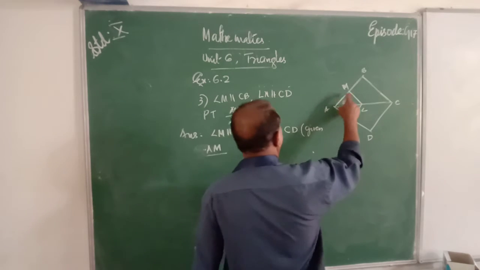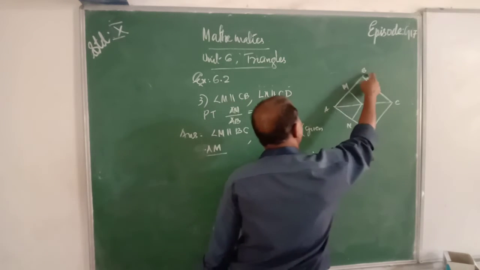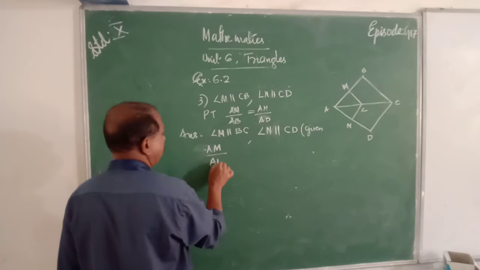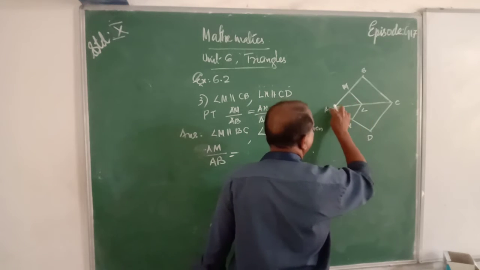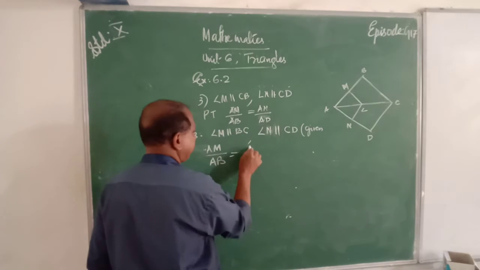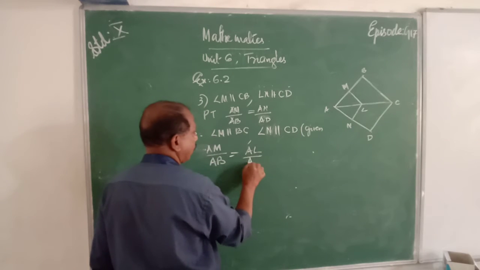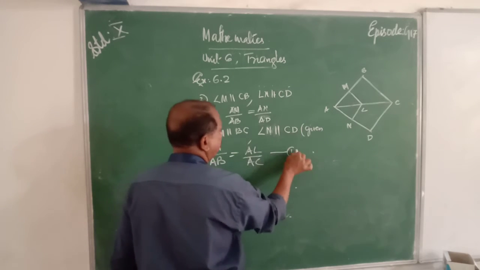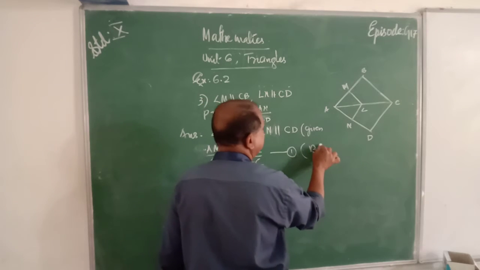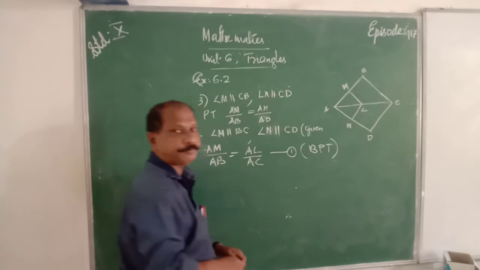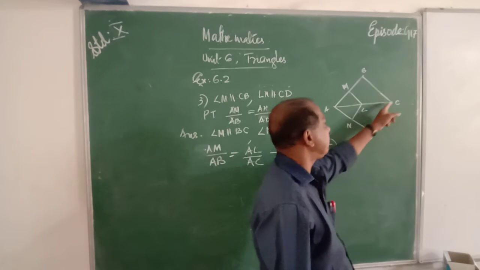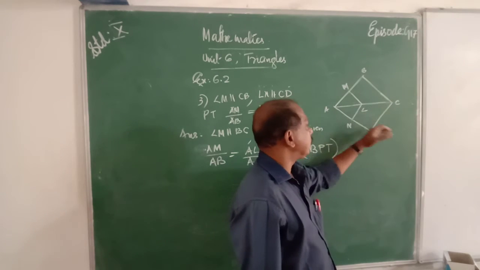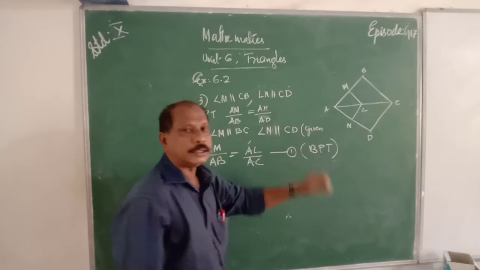Therefore, AM by AB is equal to AL by AC. Case number 1, this is the basic proportionality theorem. In the second triangle ADC, LM is parallel to DC, it is given as CD.